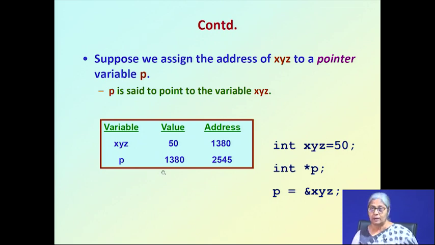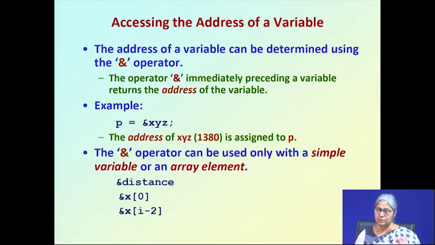But if I do not give the last statement, p equal to ampersand xyz, then the previous two are only declarations: one is the integer xyz equal to 50, and one is the integer pointer declaration of p. Only if I give this assignment do they have the relation that p points to variable xyz. We have read this and done small programs in the lab class.